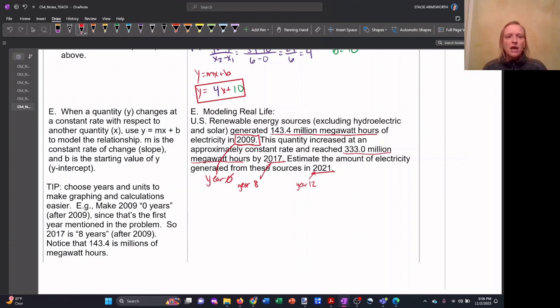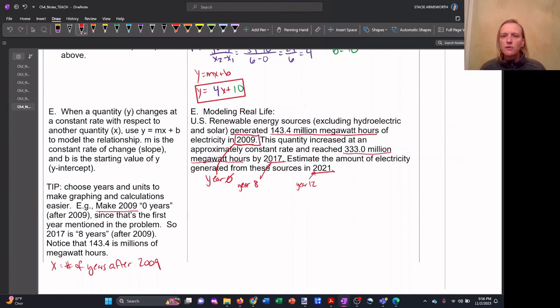So we're going to make 2009 0 years, and we'll say that the x-axis is the number of years after 2009. That'll help simplify our calculations, but it also makes more sense in the context of the problem. If we didn't start collecting these data till 2009, then there's no sense in going further back in time.